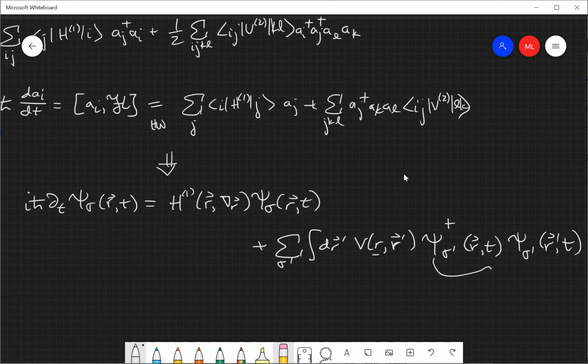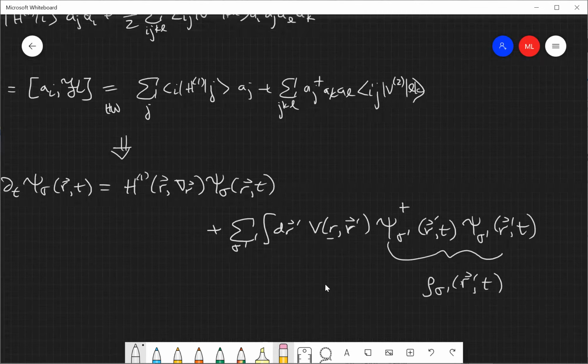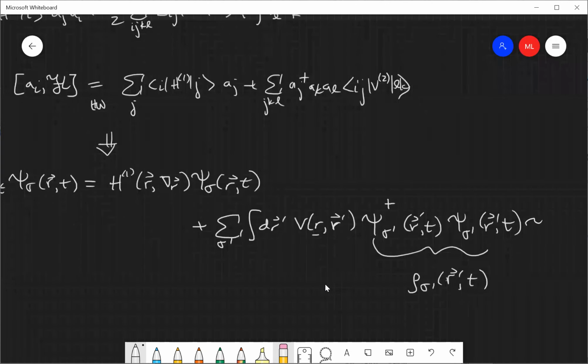And this is nothing but the density operator for coordinates r prime. And then all of this is acting on psi sigma r, comma t.